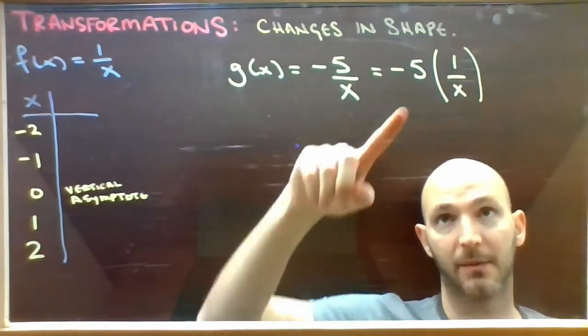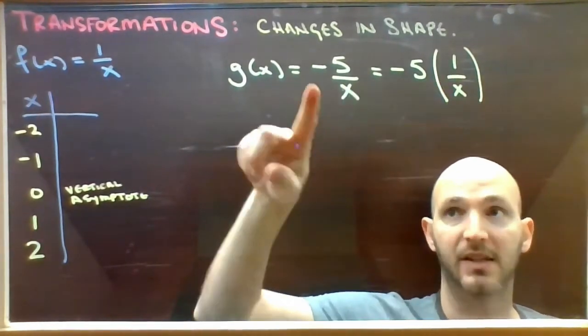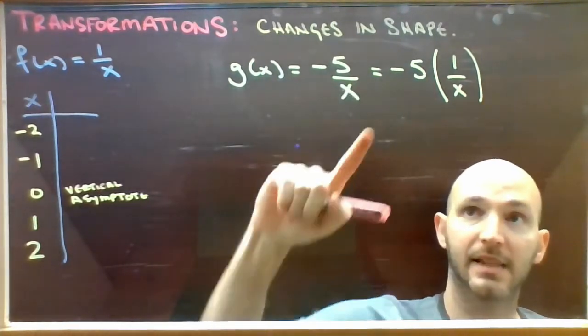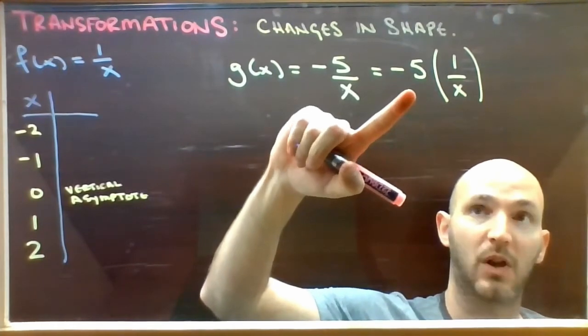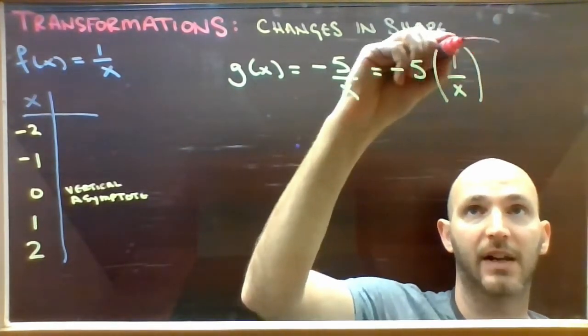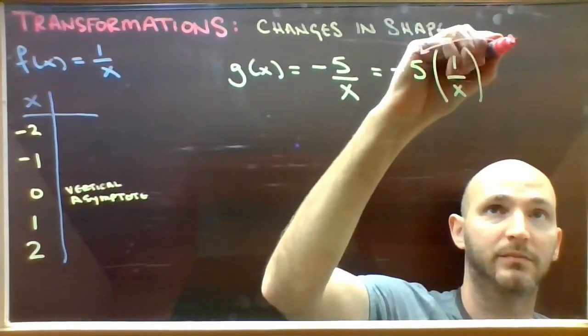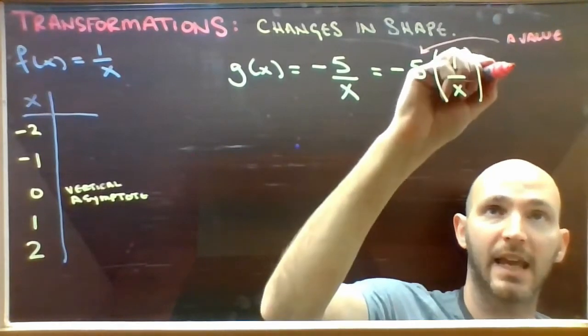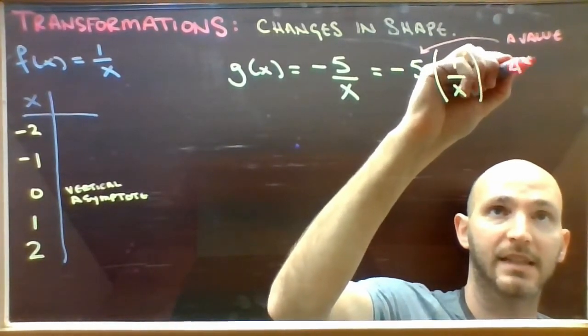If I do that, because -5 times 1 over x would be -5 over x. If I write it this way, I can see that it's a number in front multiplying. It is not inside the function. That makes it an a value. And it is an a value that is less than 0.